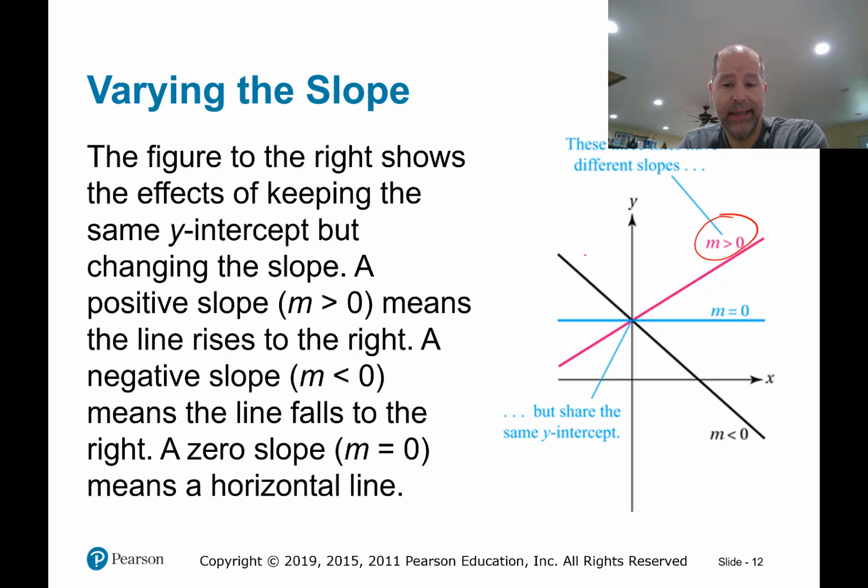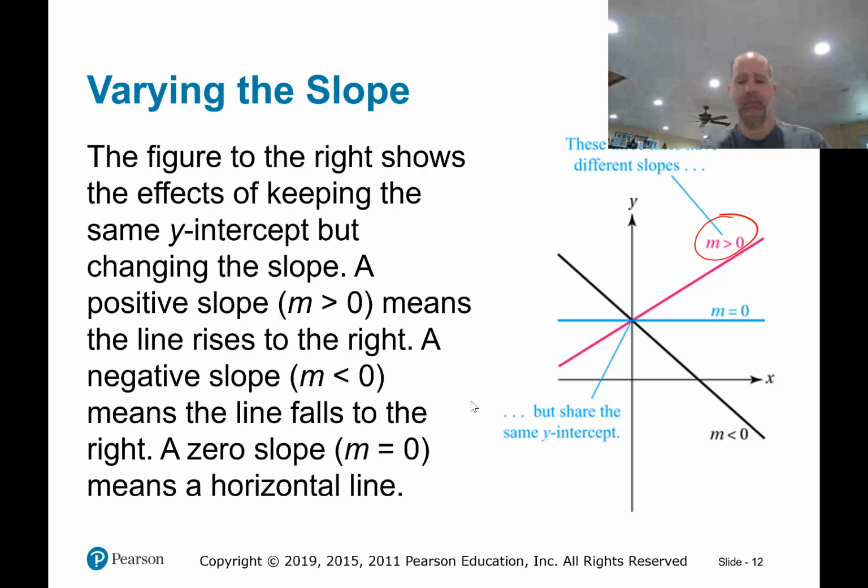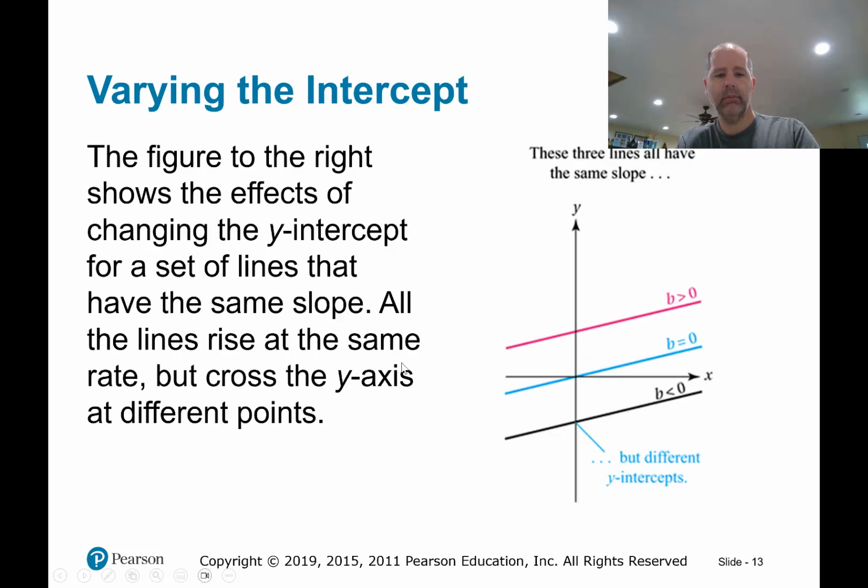So the larger it is negative, the steeper the slope is, but going the other direction. So it goes down from left to right. Okay, so negative slopes go down from left to right. Positive slopes go up from left to right. And the larger the value, the steeper the slope, either negative or positive. A slope of 0, by the way, is a horizontal line.